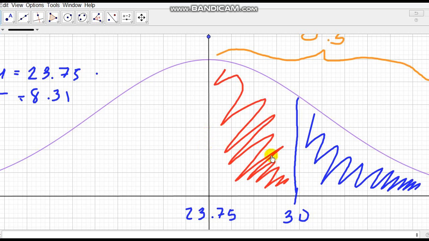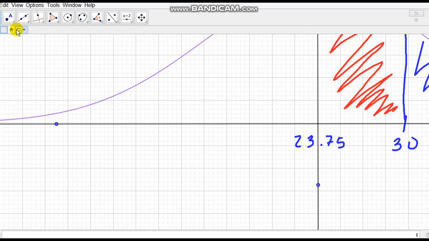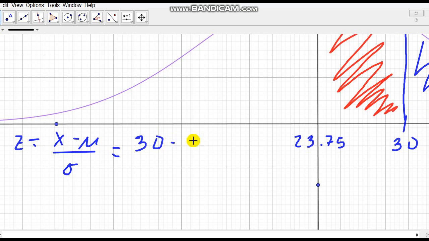So if we obtain this, we can subtract it from 0.5 and we're left with the blue one. You get that? But first, let's convert 30 into a z-score. Remember, z is equal to the score minus the mean divided by the standard deviation, which is equal to 30 minus 23.75 divided by 8.31.